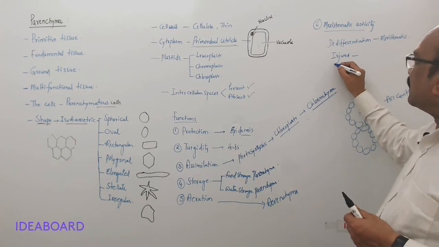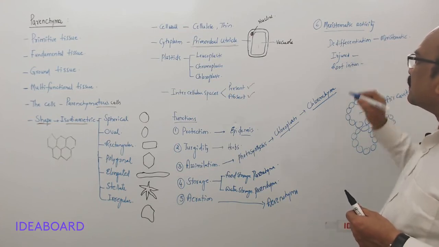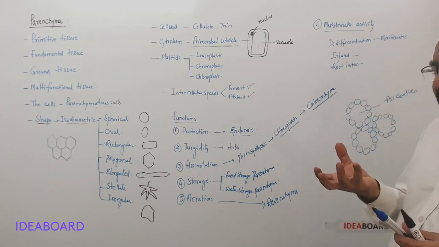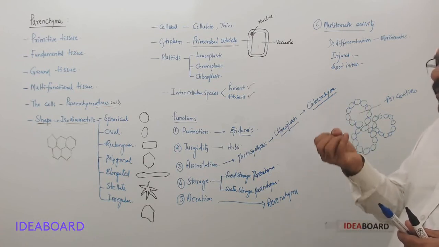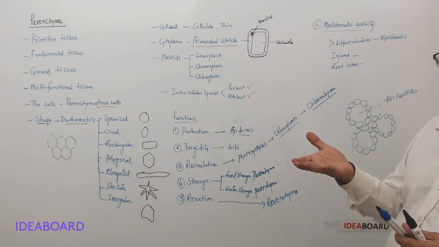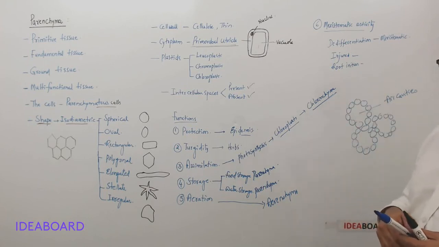Not only that, root initiation from stem cuttings is due to the presence of parenchyma, which will undergo dedifferentiation and become meristematic and behave as root initials, and roots will be formed. That is, adventitious roots are formed.